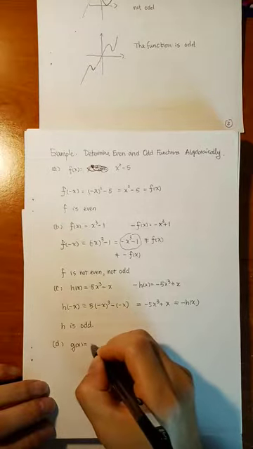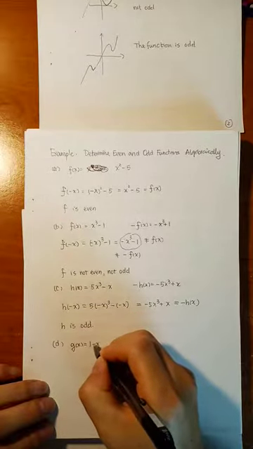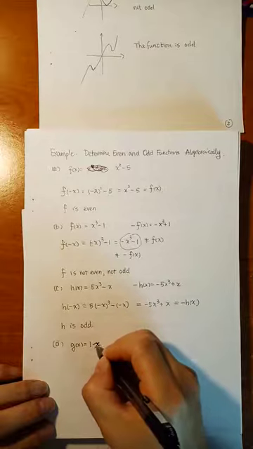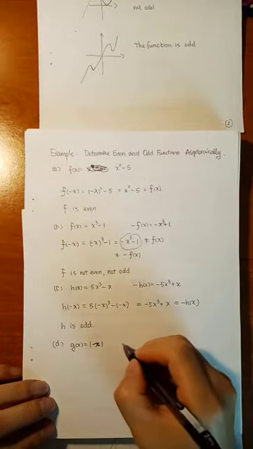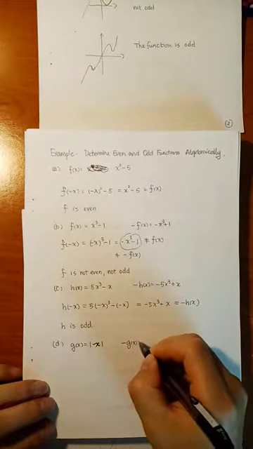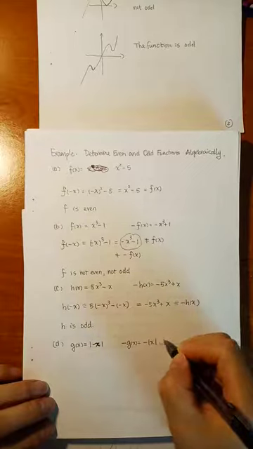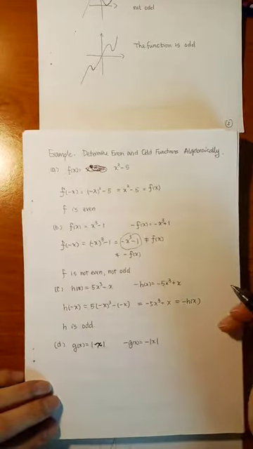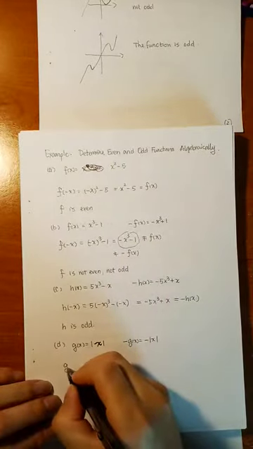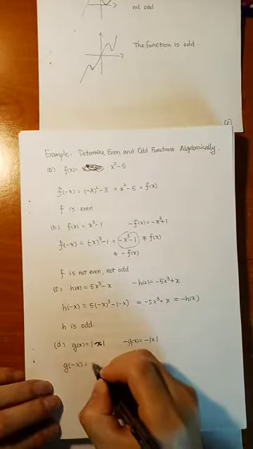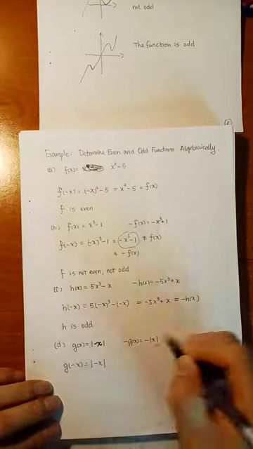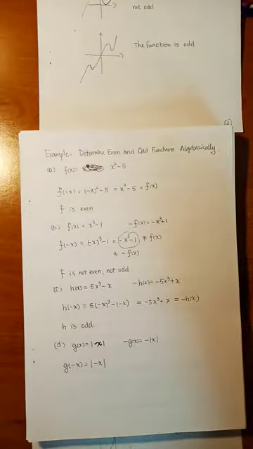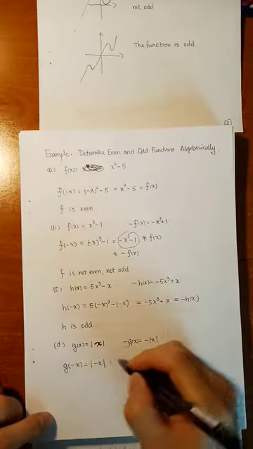g of x is the opposite value of x, not negative x. Negative g of x is the negative of the opposite value of x. So g of negative x is the opposite value of negative x, and we know that the opposite value sign will kill this negative sign.